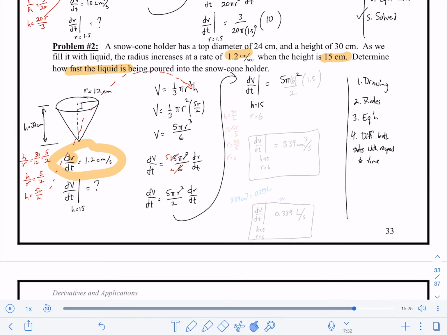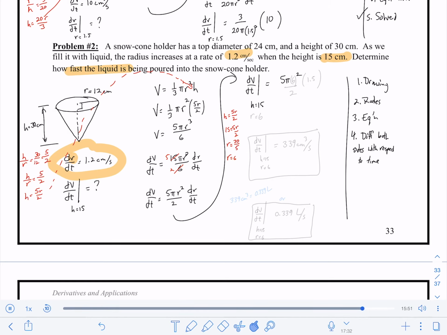So what I'm going to do is go back to the original little relationship that we had, when height is related to radius as 5r over 2. If I have 15 equals 5r over 2, that means that r is 30 over 5, or r equals 6.